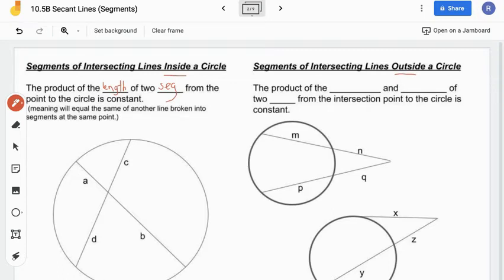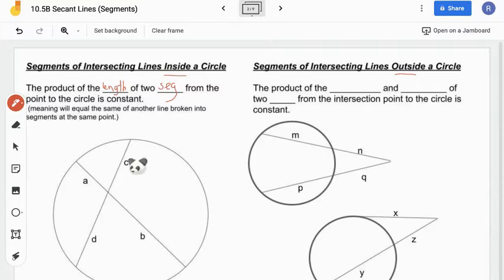What this means is that they will equal the same of another length. The product of the two parts of one length will equal the product of two parts of another length.